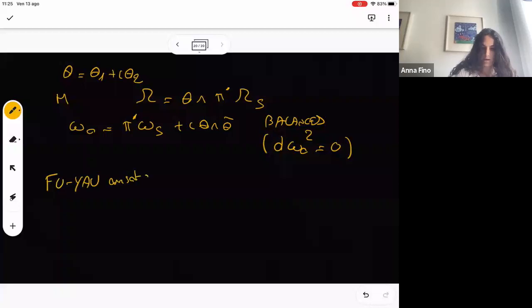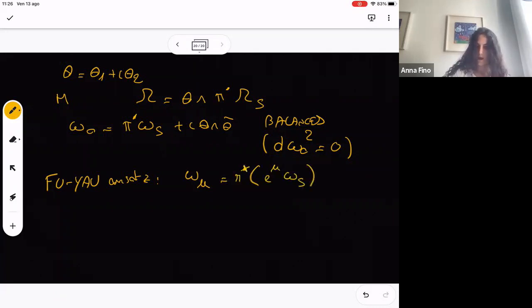And the Fu-Yau ansatz is essentially to consider, instead of omega_0, omega_u. You don't modify this part, but you modify this part using a scalar function, and that's the trick. So the pullback of e^u omega_S plus the same i theta wedge theta bar.